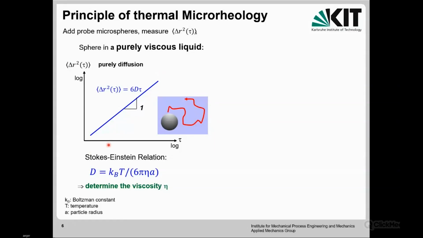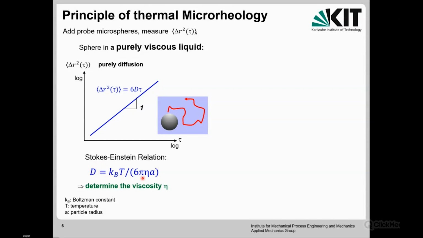This is a log-log diagram. We have this behavior in a purely viscous liquid, and we have this relation between the mean square displacement and the diffusion coefficient of the particles, given by the so-called Stokes-Einstein relation.